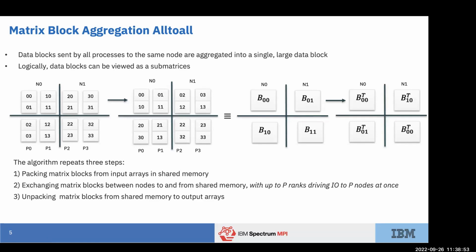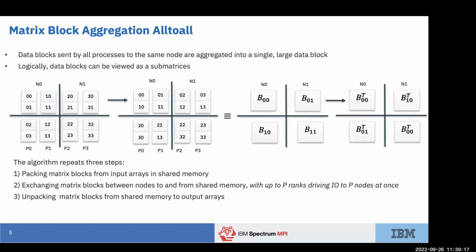It packs a matrix block from input ranks into shared memory, and these blocks are exchanged between nodes to and from shared memory, with all the ranks on the node driving I/O to different nodes. This is important.